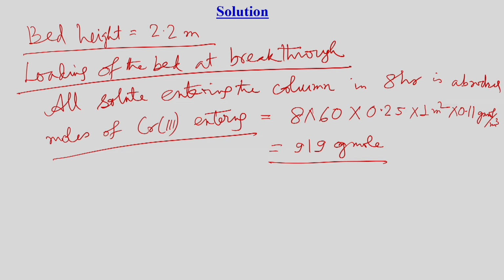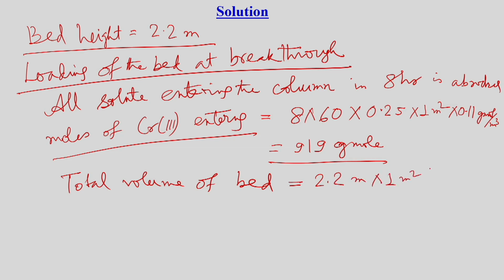Then we have the total volume of the bed, that will be 2.2 meter × 1 meter square, equal to 2.2 meter cube.